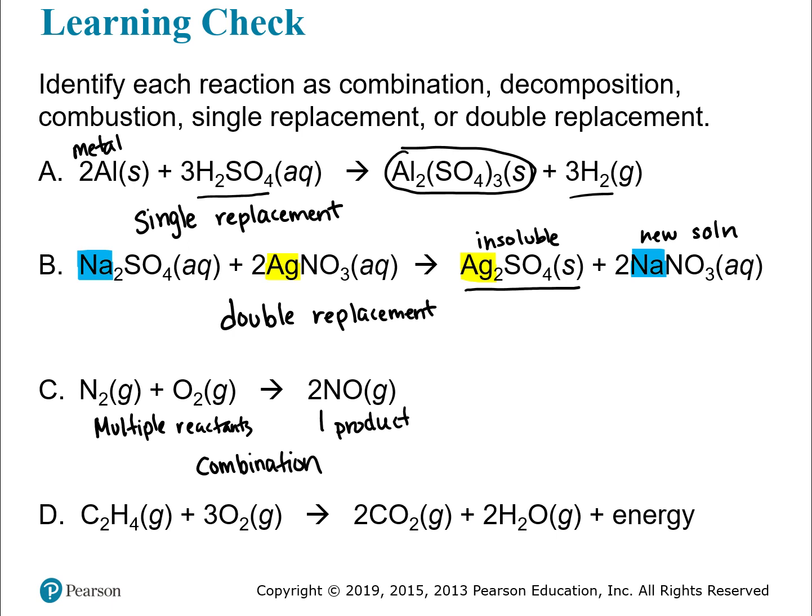In D, I see something with carbon, I see oxygen, I see energy being produced. It's got to be combustion. That's the kind of question you'll have with your homework and for your exam, to identify different reactions.